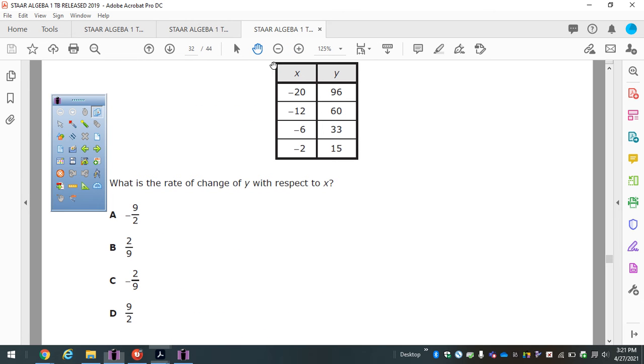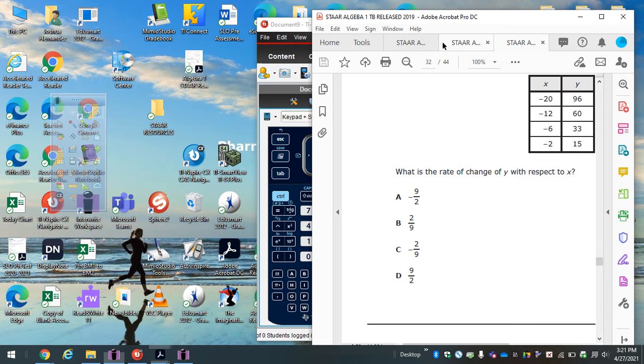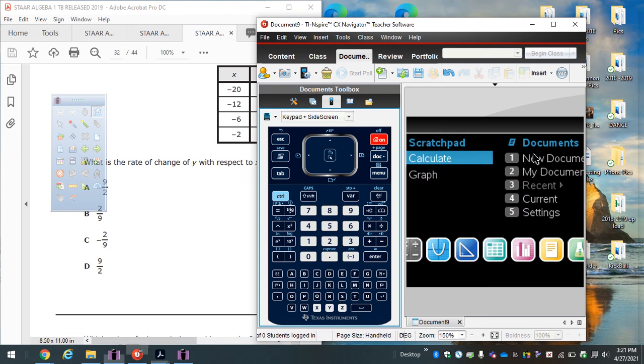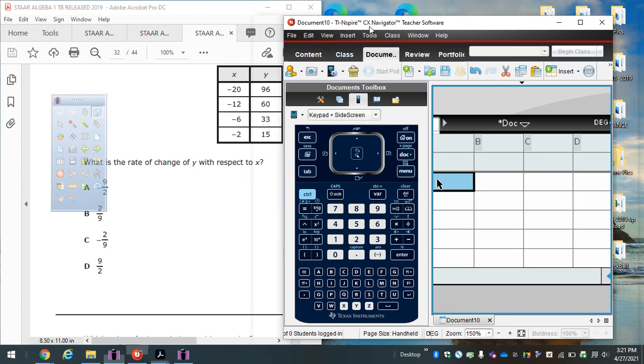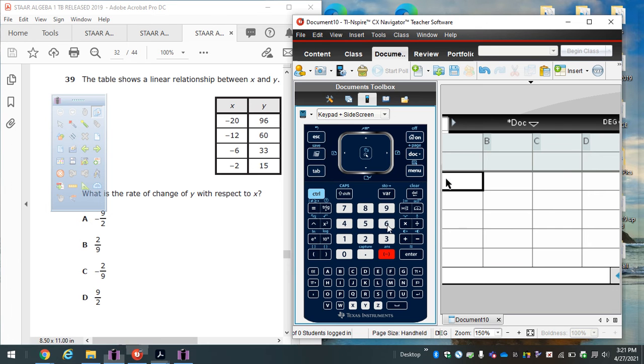Once I see a table like this, you should start thinking about lists and spreadsheets, menu 413. Turn it on, lists and spreadsheets. Is it saying it's linear? Linear, so all I need is 2. I think that's more stuff to punch in than these, so I'm going to type in the bottom ones. -6.